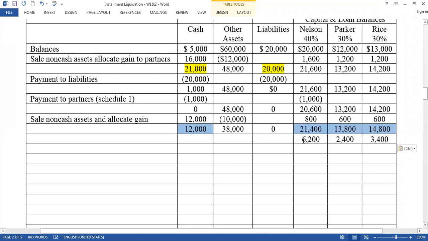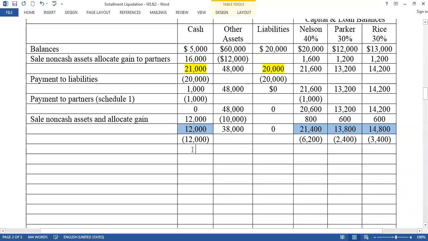And if they receive money, their capital is going to decrease. And we pay $12,000.